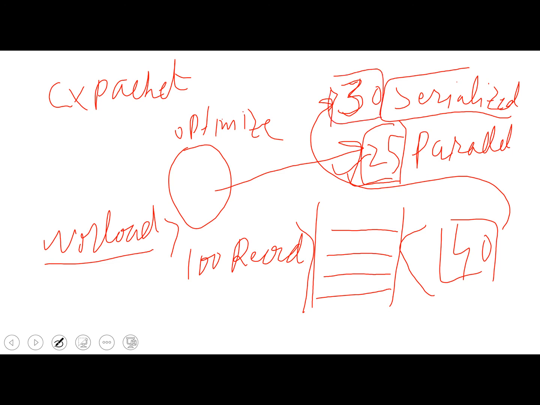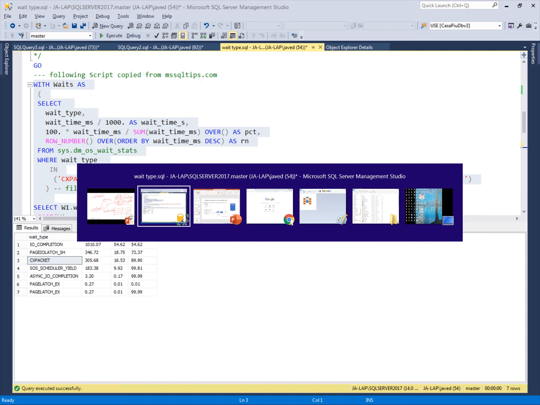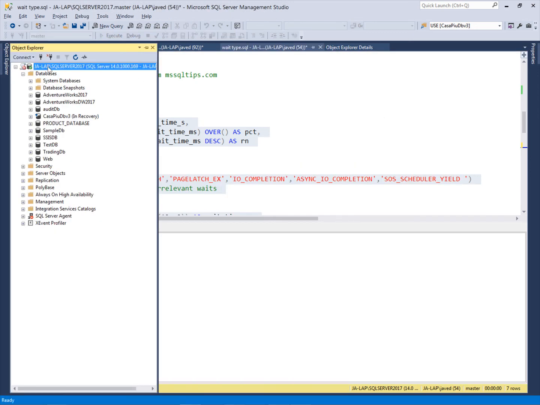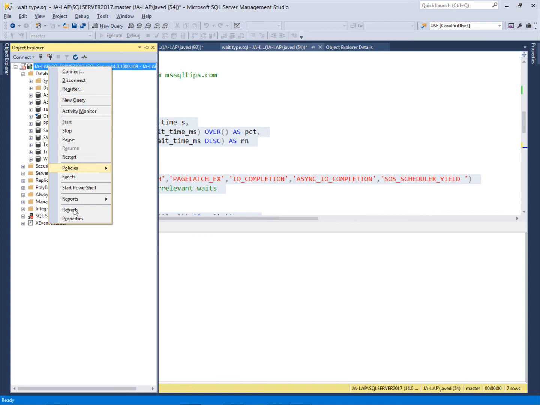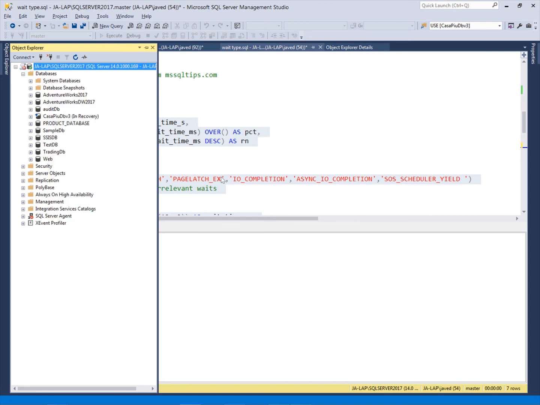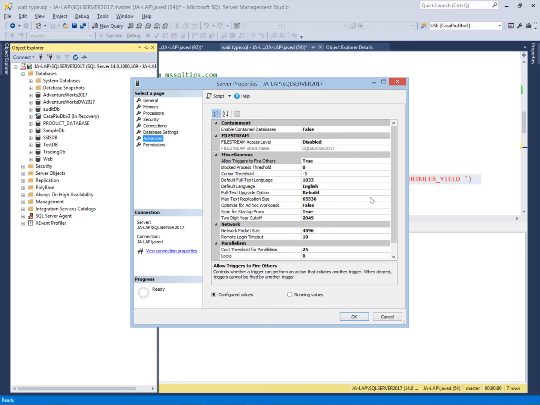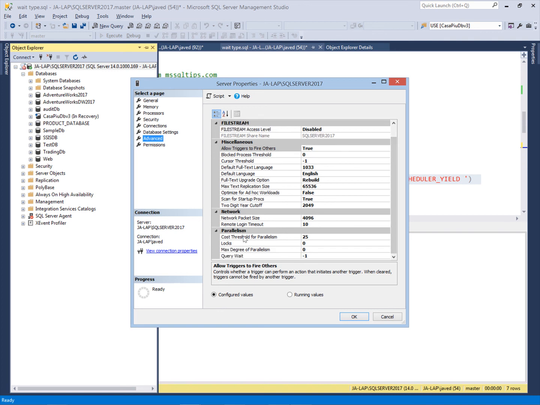So if this is very common, occurring with most of the queries, then the solution is that we go to our SQL Server instance. In the instance level properties, in the Advanced section, here is the parallelism setting.